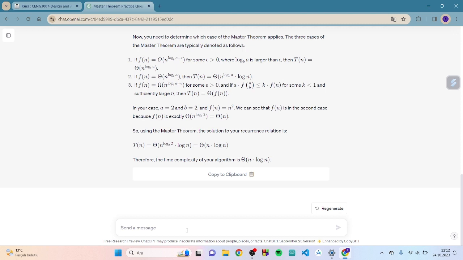According to the master theorem, we have three cases, and in our case f(n) equals n squared, and n squared log base b of a.